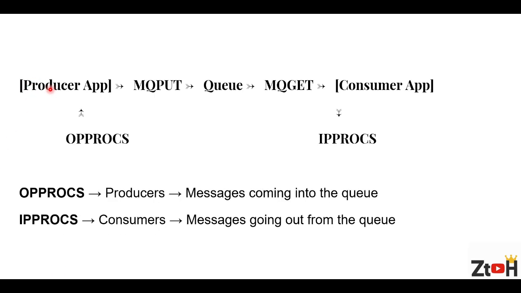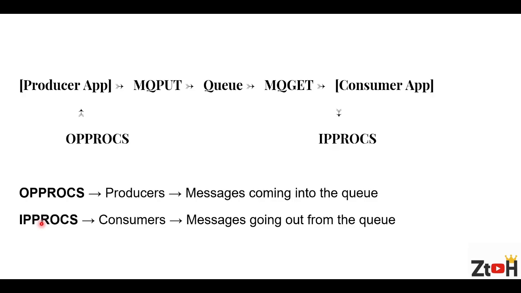In this diagram you can easily understand what OPPROCS and IPPROCS are. OPPROCS means the messages are being put inside the queue, which is MQPUT. IPPROCS means the messages are being taken out of the current queue, which is MQGET. Make a note of this information, which is very important.